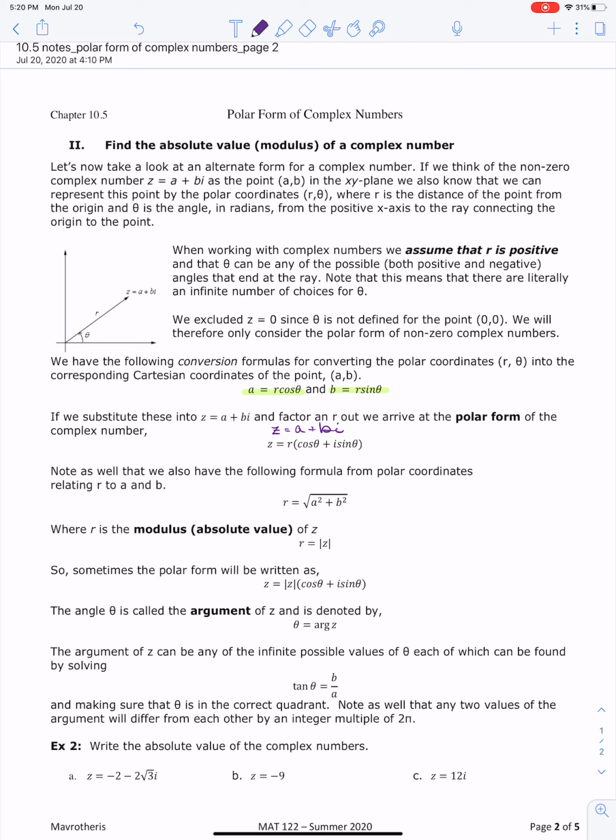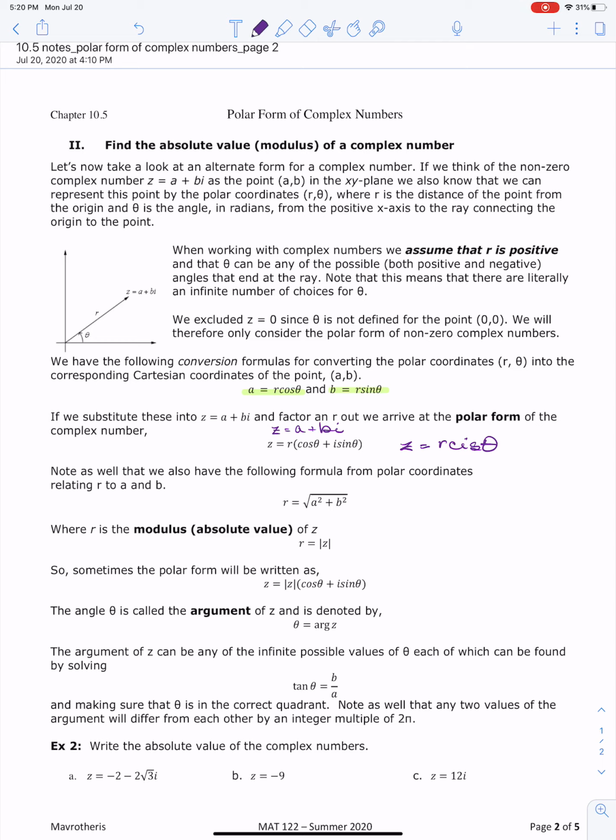In this version here, we factored the r out. Sometimes you'll see it written this way, r cis theta, cosine I sine. Just shorthand because mathematicians don't really want to write out that whole cosine theta plus I sine theta part.